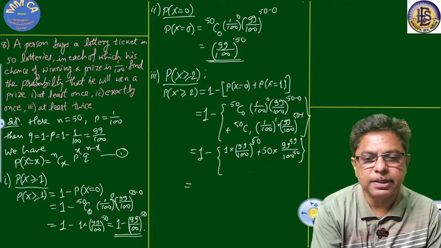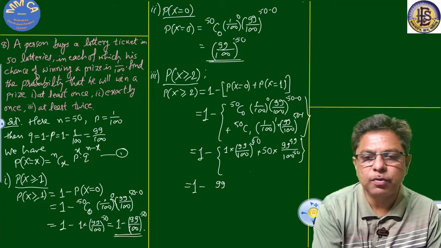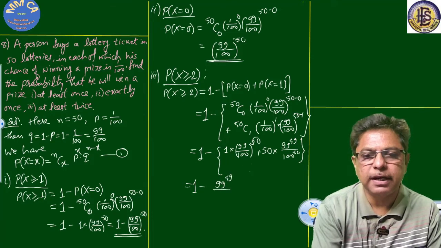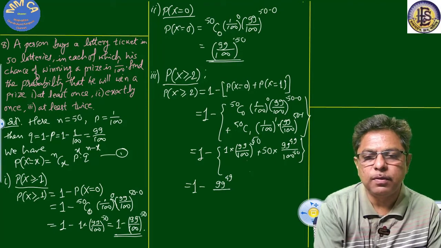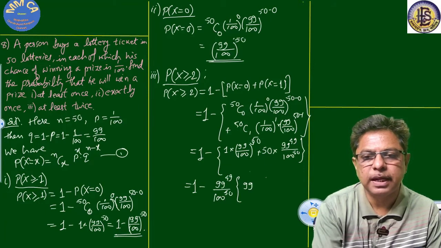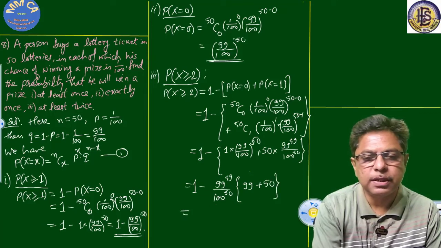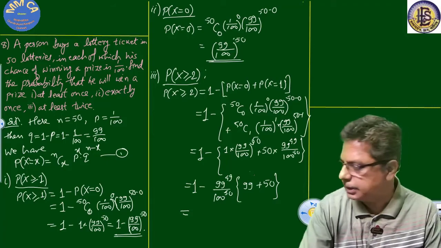And we can bring this 1 minus (99 raised to 49) outside, divided by 100 raised to 50, because the denominator is 100 raised to 50 in both the cases. So what remains here is 99 from the first term plus 50 from the second term. And so simplify this and get the answer there.